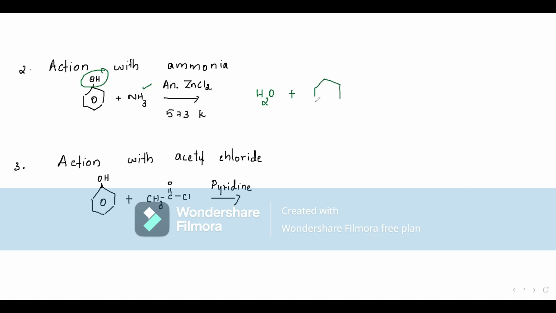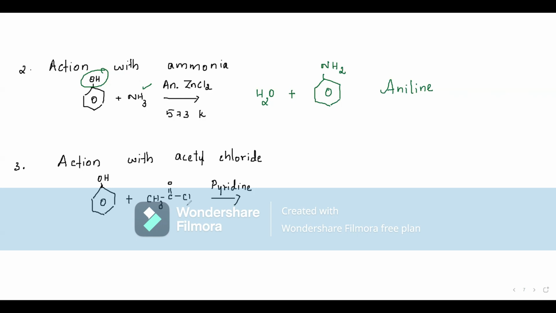There remains a benzene ring with NH2, that is aniline. Therefore, by this reaction, phenol can be easily converted to aniline by treating it with heated ammonia in the presence of anhydrous zinc chloride.